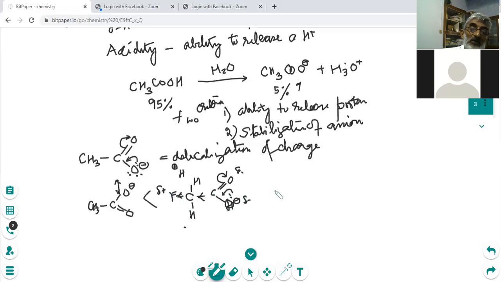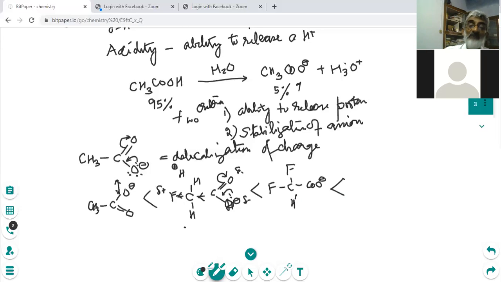Suppose you replace one more fluorine, it will be still more stable. And if you have one more fluorine, that will be still more stable. Okay, this is how the inductive effect is having a role in deciding the acidity of organic compounds.